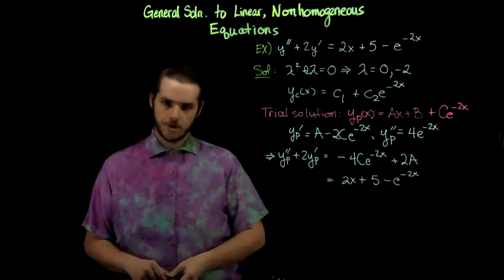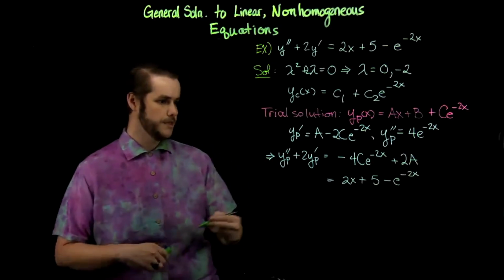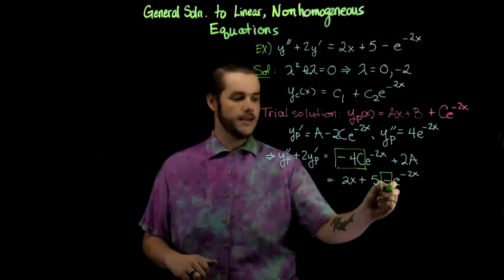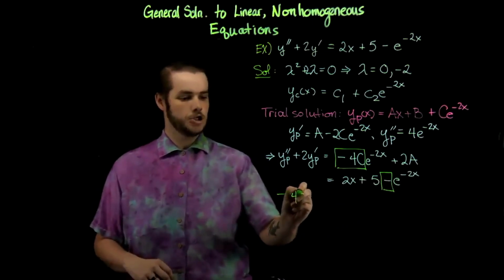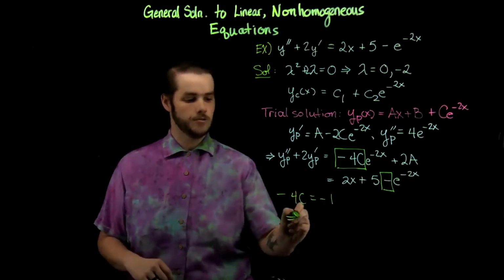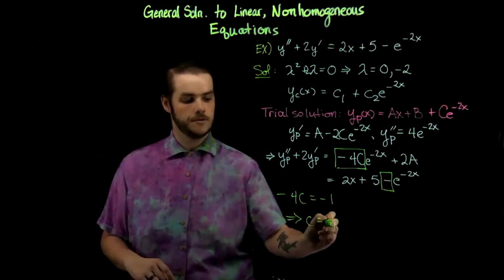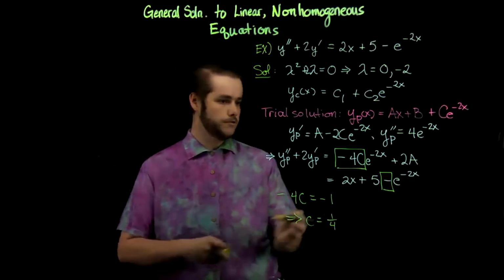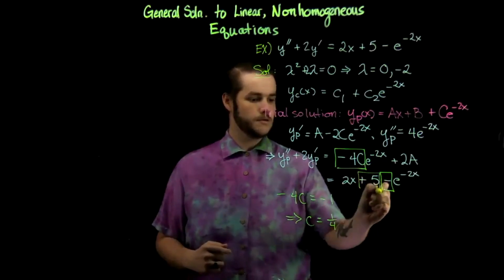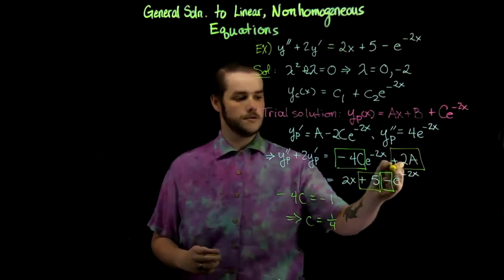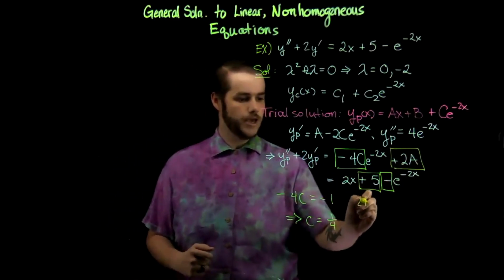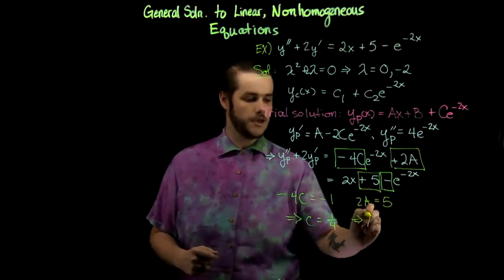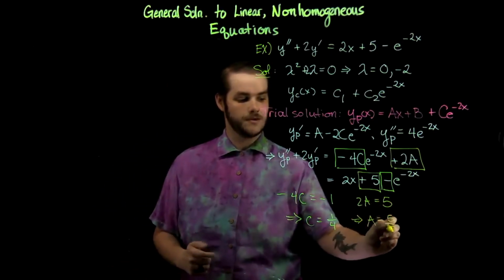Let's try to determine our coefficients from here. I can build an equation out of these: negative 4c should equal negative 1, or in other words, c is a fourth. Then I can build another equation using my constant terms. This tells me that 2a should equal 5, which gives me a equals 5 halves.